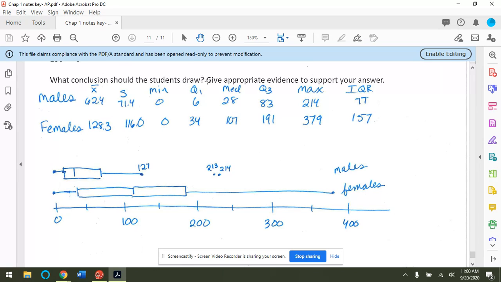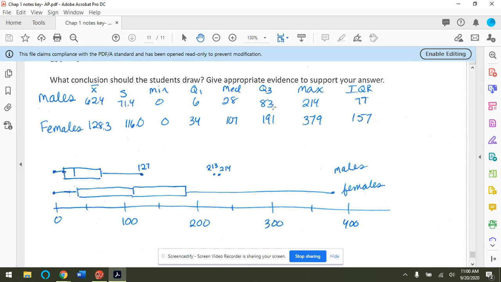So you could say, while they both have a minimum of 0, the Q1 was 28 points higher for females than males. The median was 99 points higher. Okay, no, that's wrong. 69? 79. I don't know. I'm having a subtraction moment.